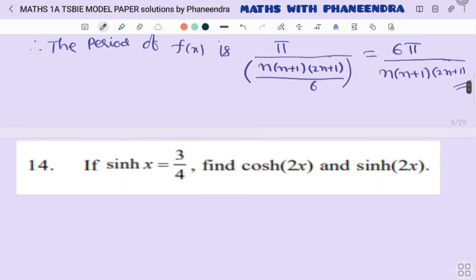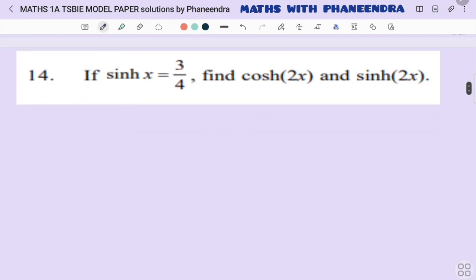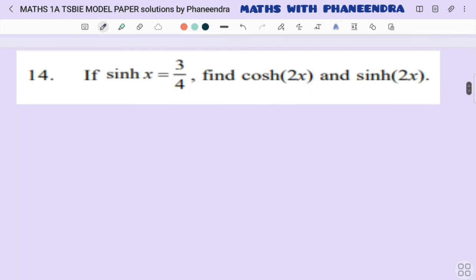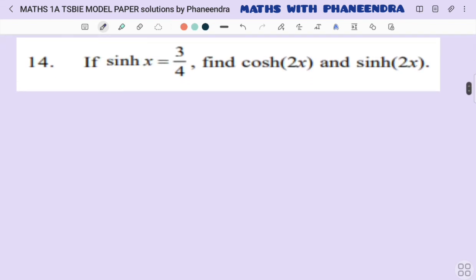Let us move to question number 14. This question is related to hyperbolic trigonometric functions. It is a good question. From this, in 2022, we have 2 plus 4 marks.